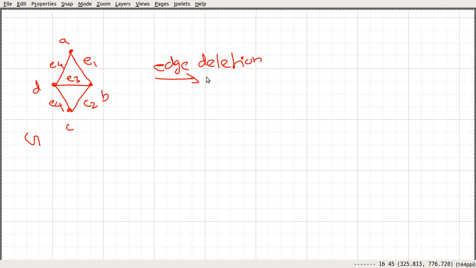In this case we simply delete an edge. Suppose that we are going to delete this edge E1. The resultant graph will look something like this.